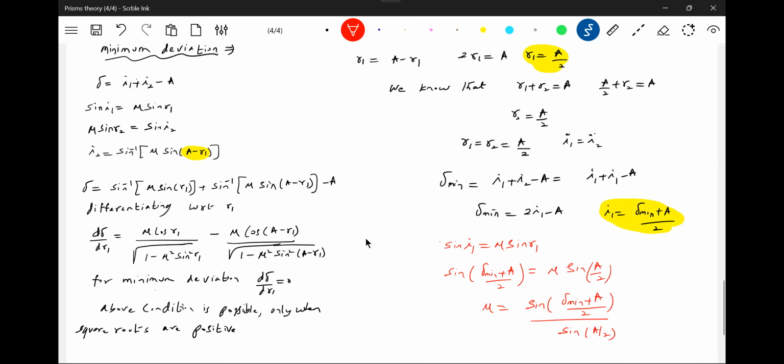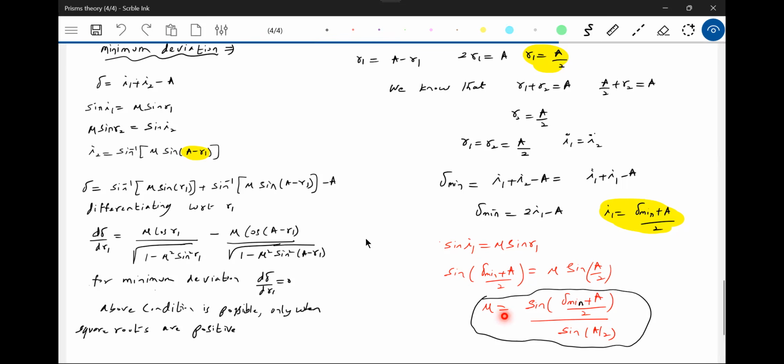This is something very important. Can I measure delta minimum in a lab? That's very easy. With your eyes, you are able to measure that minimum deviation. When you keep the prism on the prism table and as you rotate, you can clearly see that the ray will get minimum deviation. And you are able to measure delta minimum.